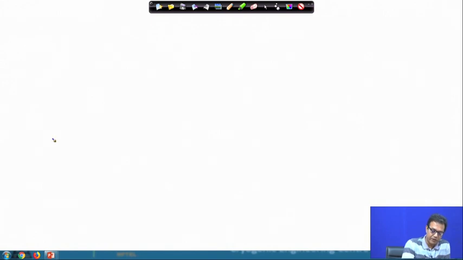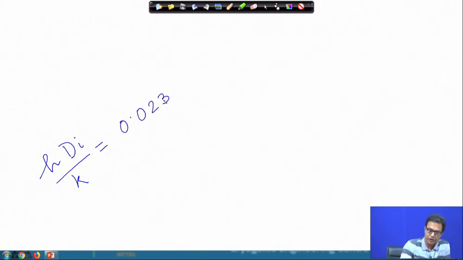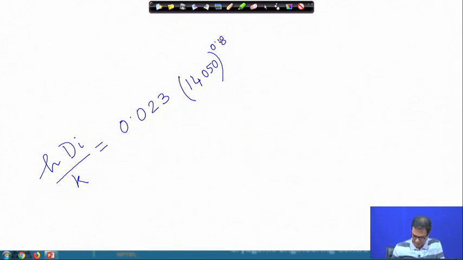So, the Nusselt number is basically h di by k is equal to 0.023 into Re, which we have obtained as 14050, to the power 0.8, and the Prandtl number was... How much was the Prandtl number?